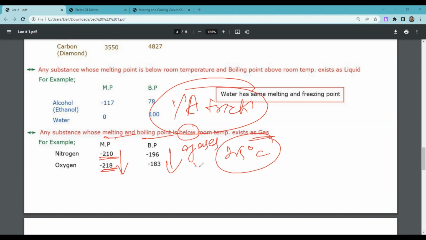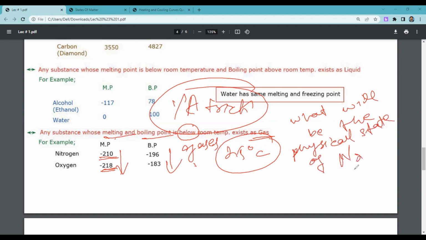Now, surprise me and answer the question correctly. What will be the physical state of nitrogen at -200 degrees centigrade? You can pause the video and think and answer the question.